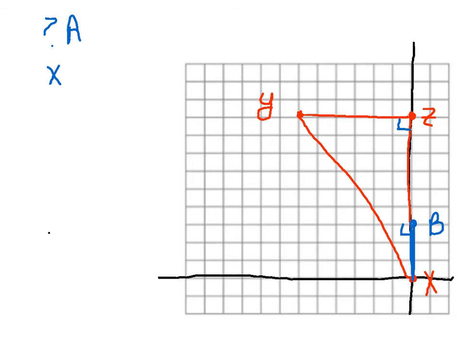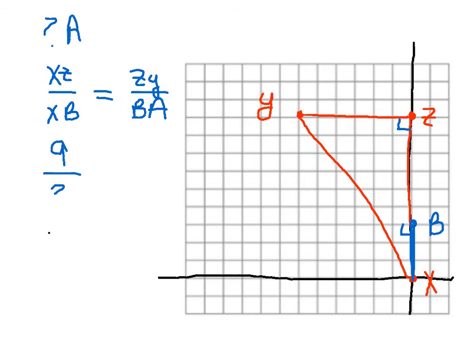XZ is proportional to XB, and ZY is going to be proportional to BA. What is XZ? I believe that is 9. Yep. XB is 3.